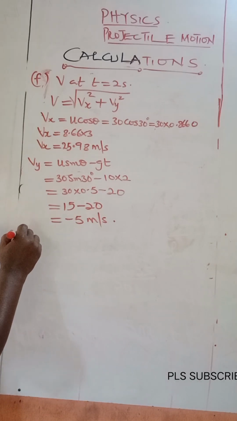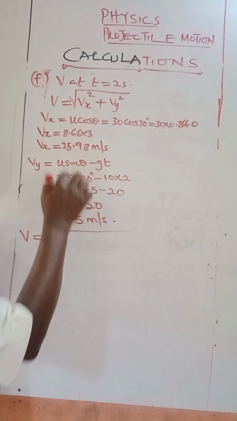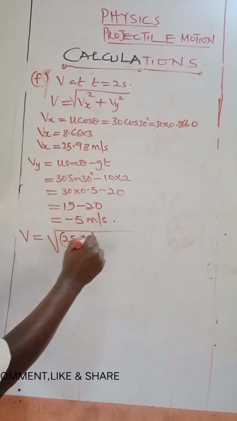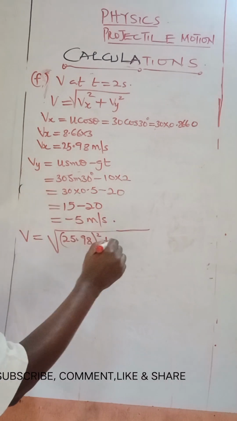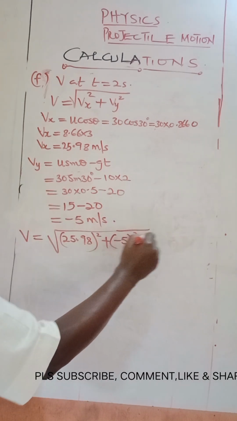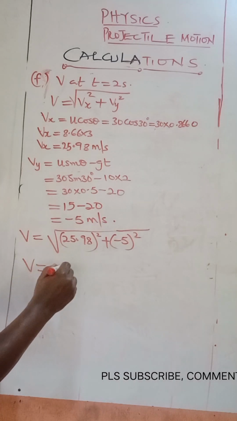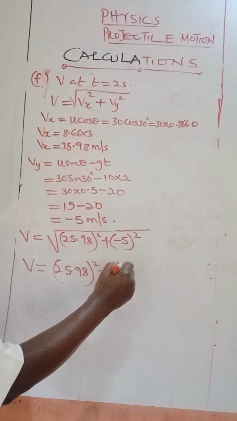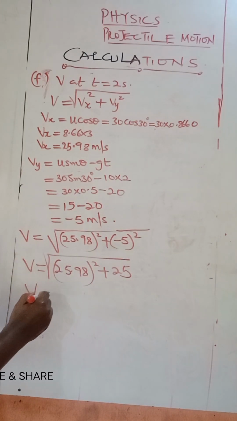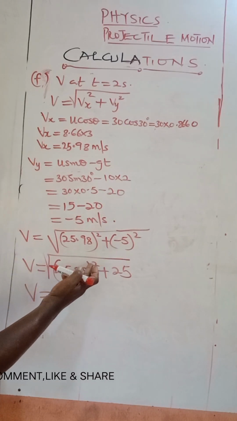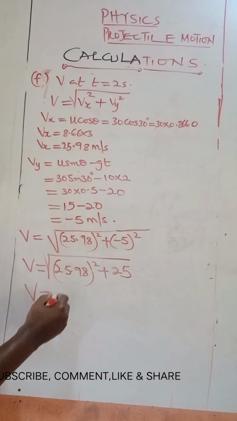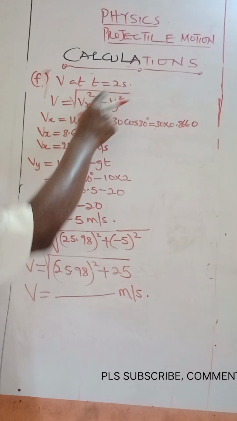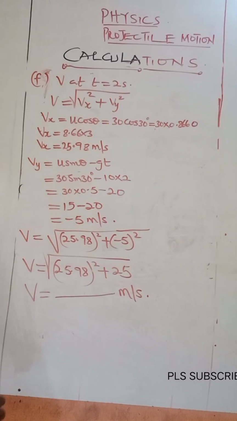So we are going to use v is equal to the square root of vx squared plus vy squared: 25.98 squared plus minus 5 squared, so 25.98 squared plus 25, square root. Viewers, use your calculator. Find the square of this plus 25, then find the square root. Whatever you get, that's the final velocity at t equals 2 seconds.